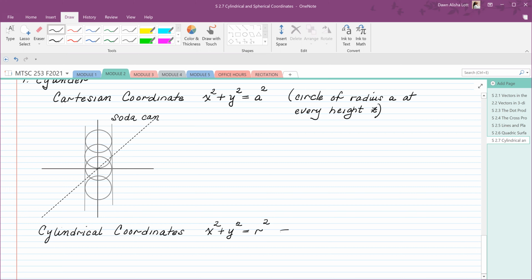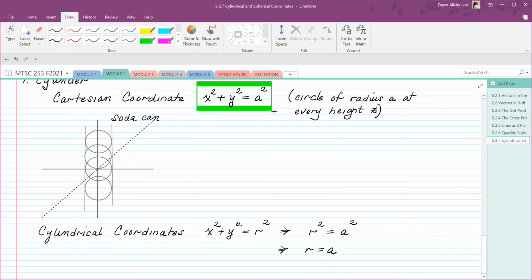So that means we just get r squared is equal to a squared. So that means r is equal to a. So this is the formula for a cylinder in Cartesian coordinates, and this is the formula for a cylinder in cylindrical coordinates.